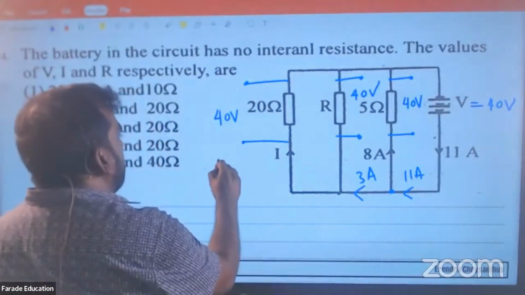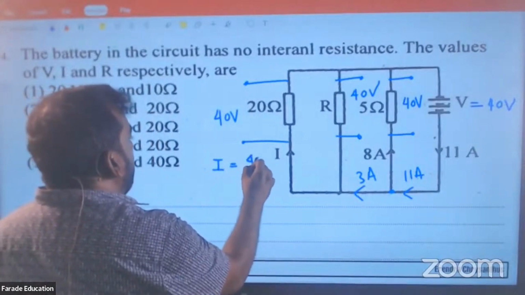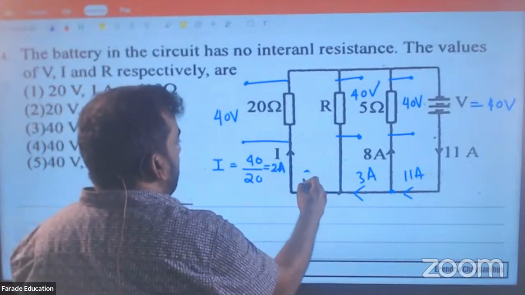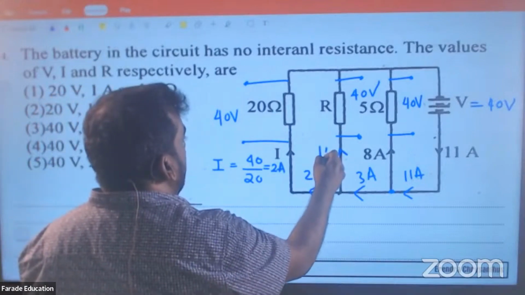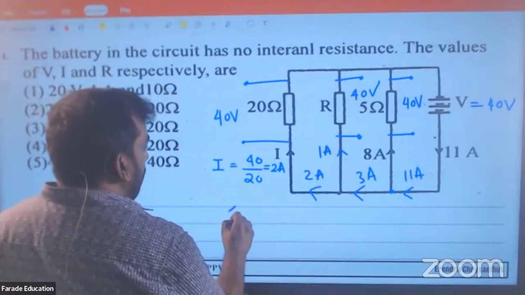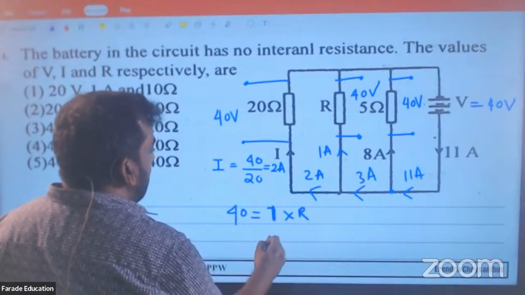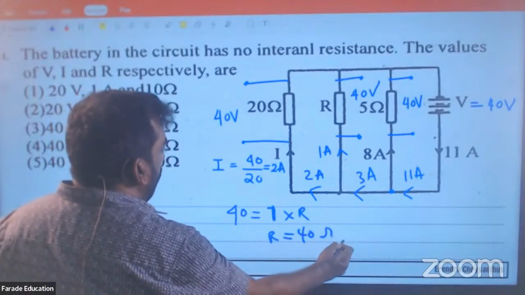What's the current here? 40 divided by 20 is 2 amperes. So 2 amperes going this way means 1 ampere is going that way. Voltage is 40, current is 1 ampere, resistance is R, so R is 40 ohm.